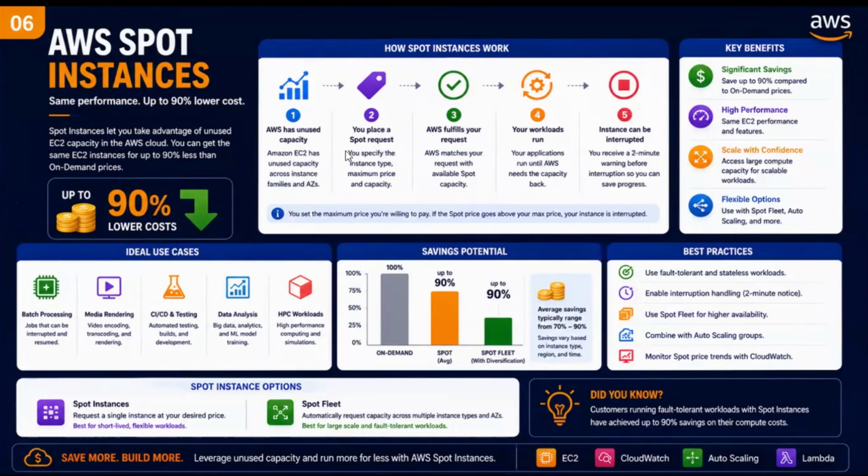Second, you place a spot request with your specific requirements: instance type, maximum price, and capacity. Then AWS fulfills your request. After that, your workload runs, and your application keeps running until AWS needs the capacity back.